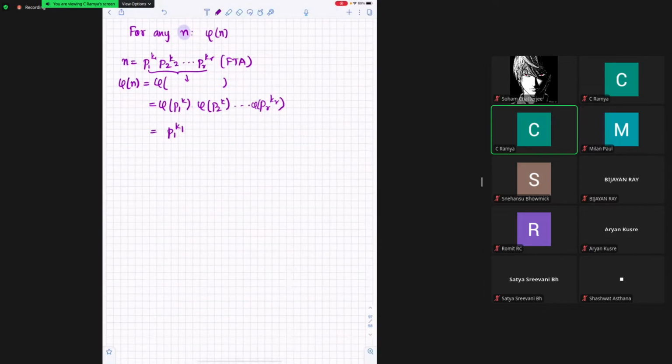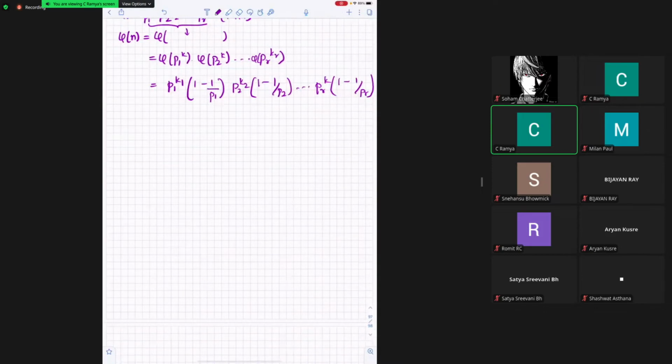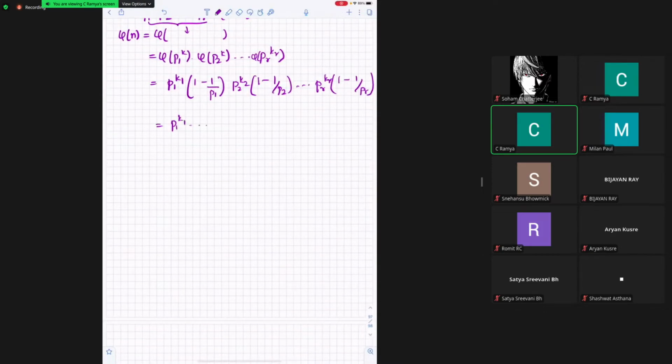So it's p1 to the k1 times 1 minus 1 by p1, p2 to the k2 times 1 minus 1 by p2, and so on, pr to the kr times 1 minus 1 by pr. So it's essentially p1 to the k1 times up to pr to the kr, times the product over primes p of 1 minus 1 by p. So this is the number n itself.